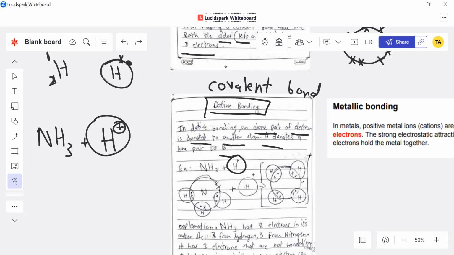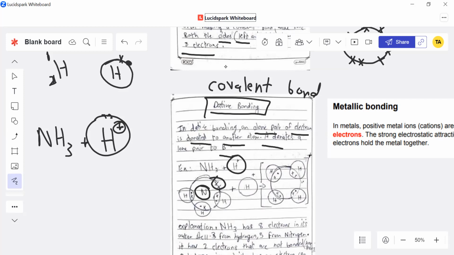So when NH3 reacts with a proton, NH3 has a lone pair. Nitrogen is in group number 5, so it will have 5 electrons. So NH3 will have a lone pair. A lone pair is basically electrons that can form covalent bonds.